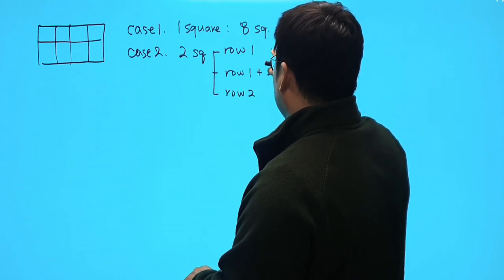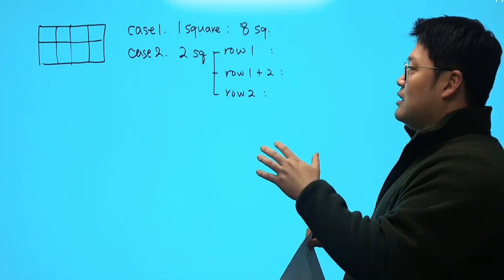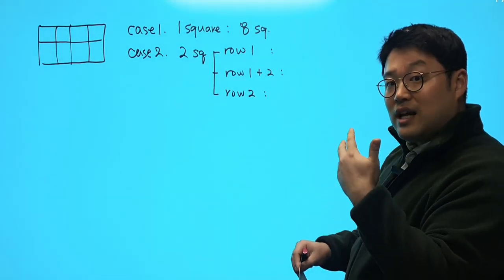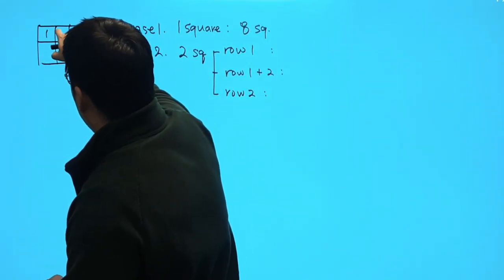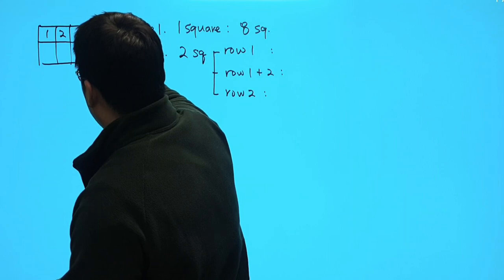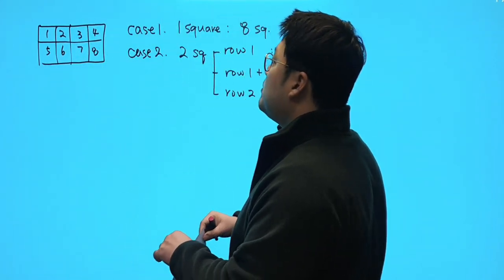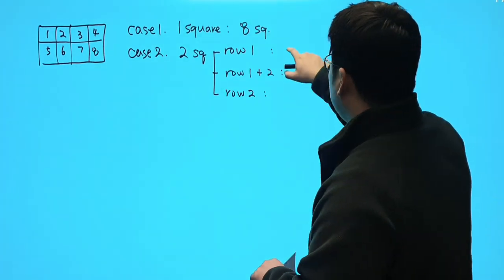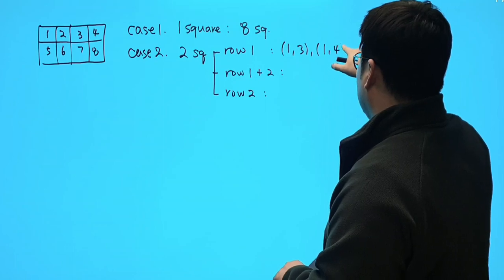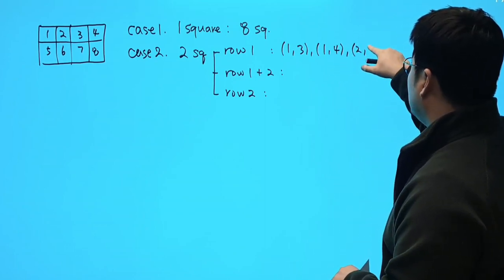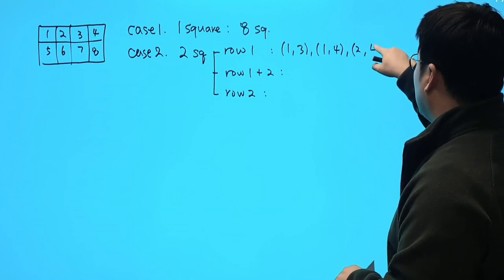Row number 1 contains pairs of squares not sharing any edges. Let me number the squares 1, 2, 3, 4 and 5, 6, 7, 8. It could be something like 1, 3, or 1, 4, or 2, 4.